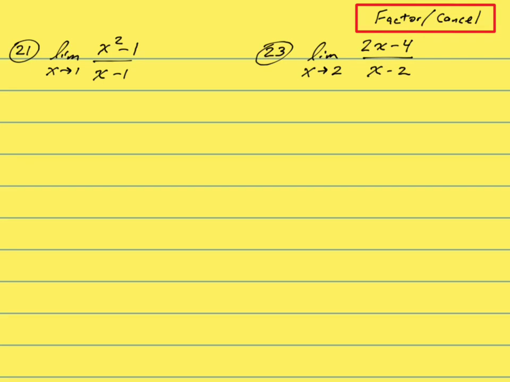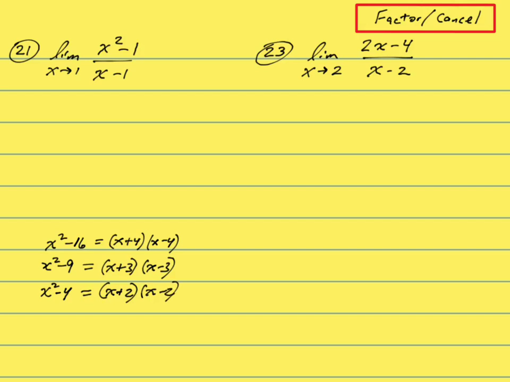Now, if you see polynomials that factor, maybe they can be factored and canceled. How does this factor? Well, x squared minus 16 factors into x plus 4, x minus 4. x squared minus 9 is the difference of squares. That factors into x plus 3, x minus 3. x squared minus 4 factors into x plus 2, x minus 2.